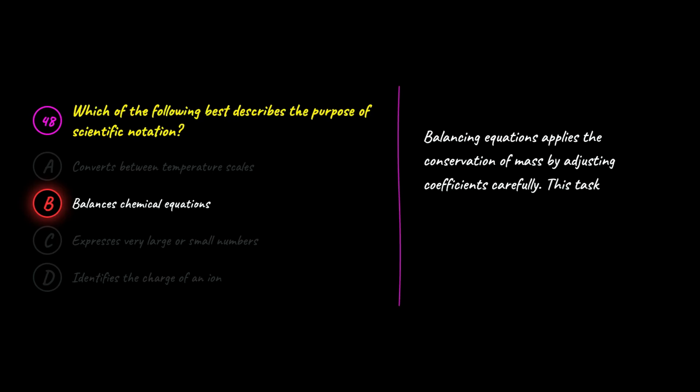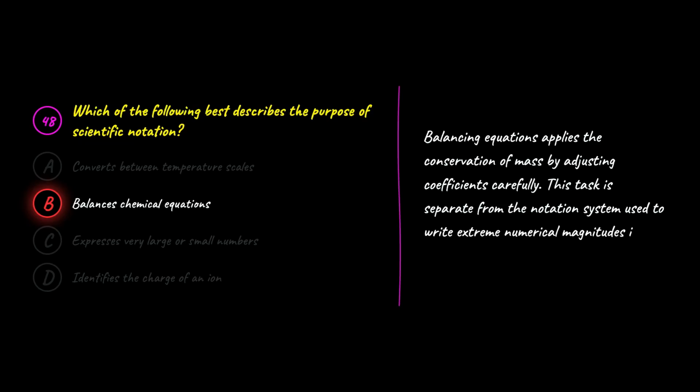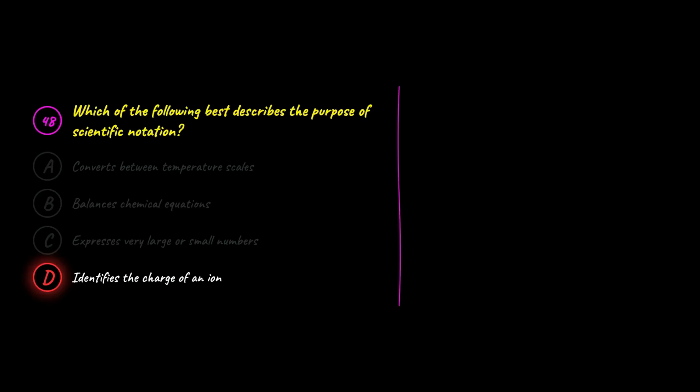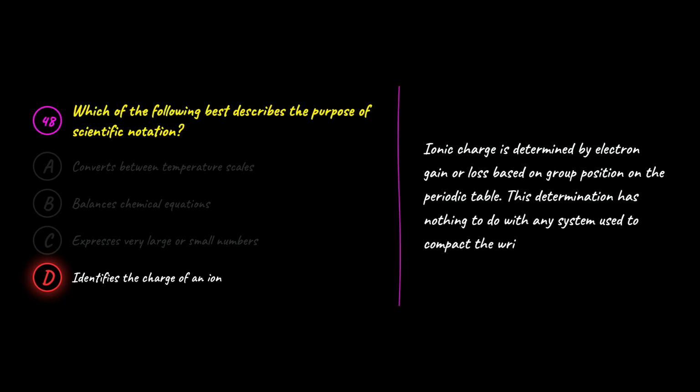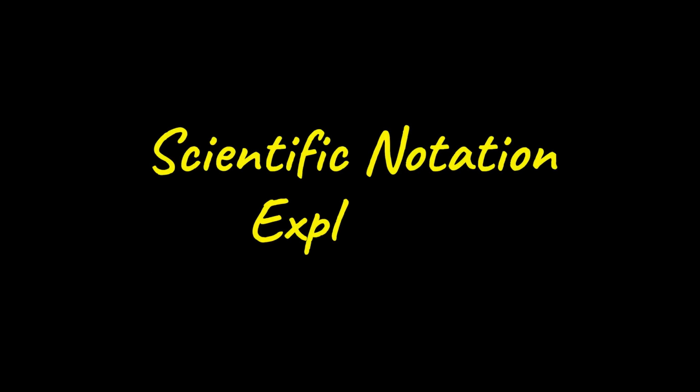This task is separate from the notation system used to write extreme numerical magnitudes in compact form during scientific work. D is wrong because ionic charge is determined by electron gain or loss based on group position on the periodic table. This determination has nothing to do with any system used to compact the writing of numerical magnitudes.